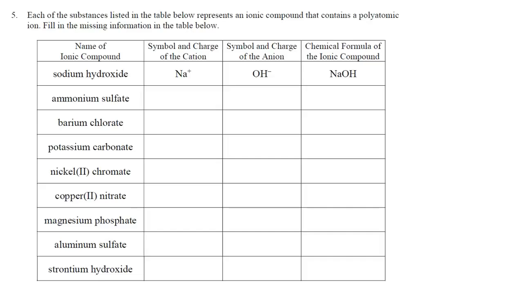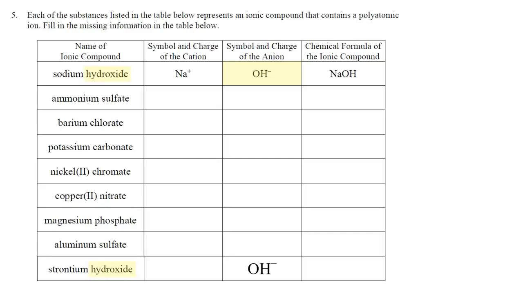You can see that sodium hydroxide has already been filled in for you as an example. That's the first part of the polyatomic ion song, OH is hydroxide. And I can see that hydroxide is listed at the bottom of this table. It says strontium hydroxide. So again, that's OH -1.